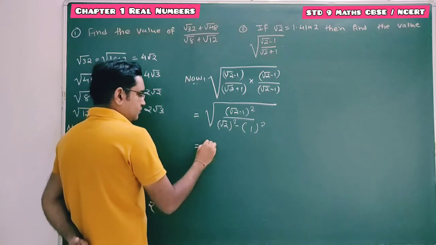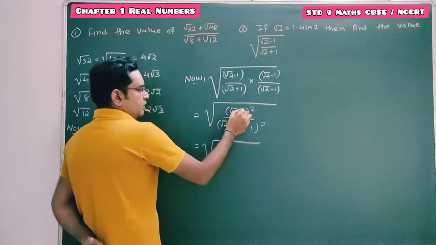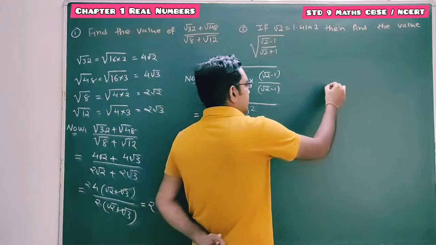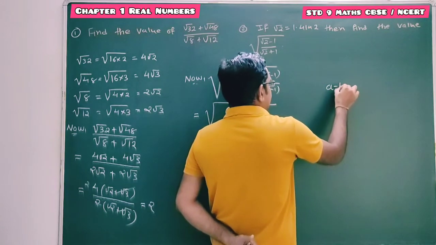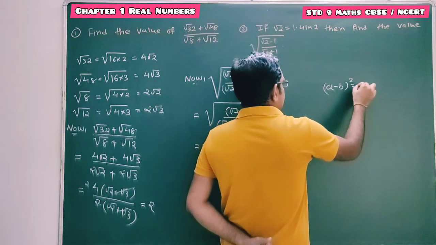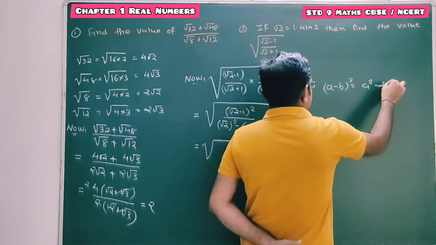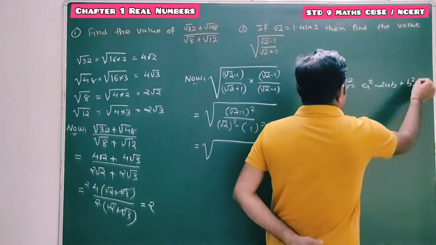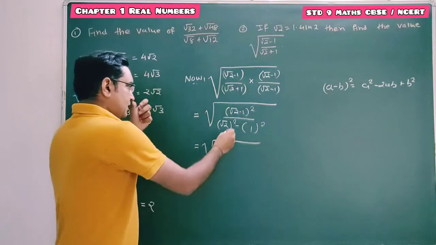So this is equal to, now here we are using two identities. In the numerator, a minus b whole square is equal to a square minus 2ab plus b square, the identity of a minus b whole square.